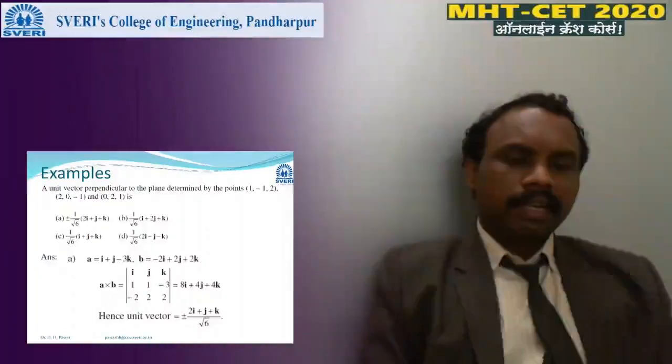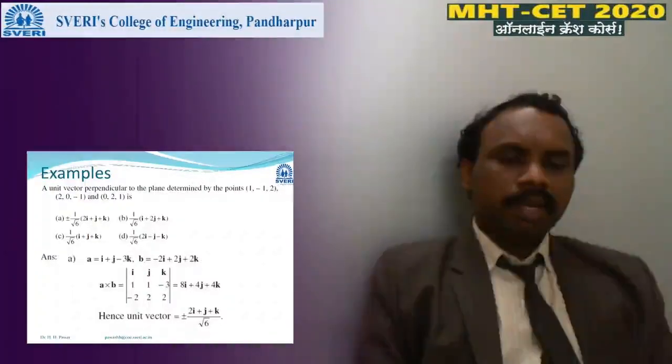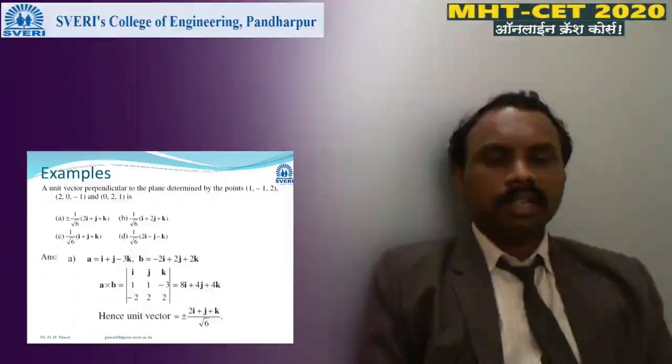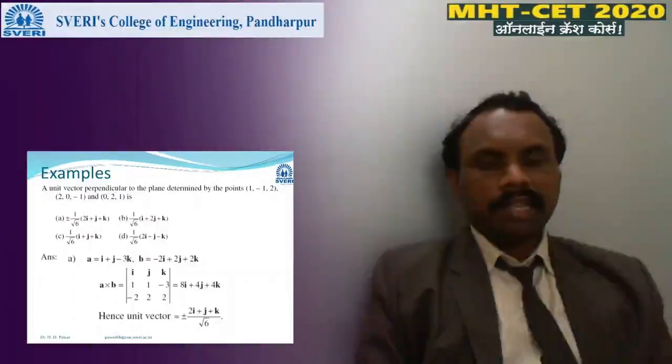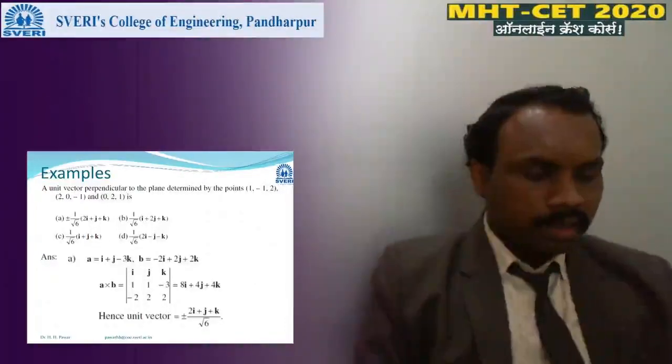Hence the unit vector is obtained by a bar cross b bar divided by modulus of a bar cross b bar, which gives us 2i plus j plus k divided by root 6. Hence option A is the correct choice for this case.